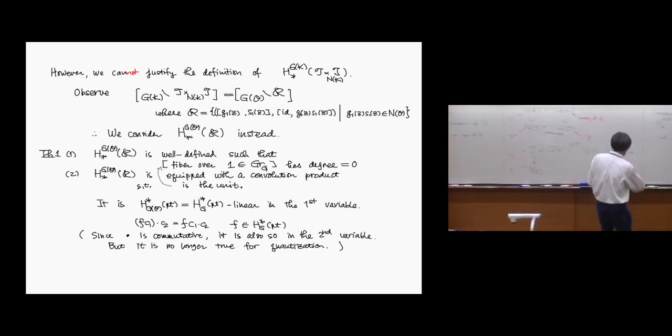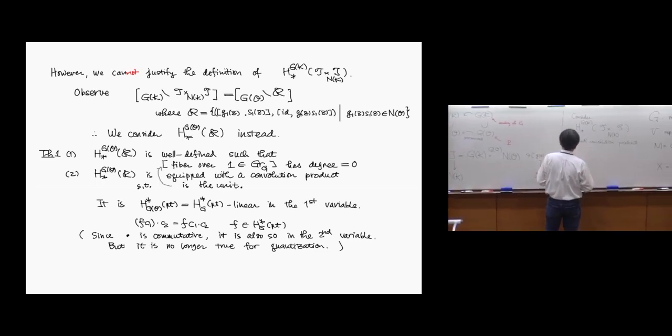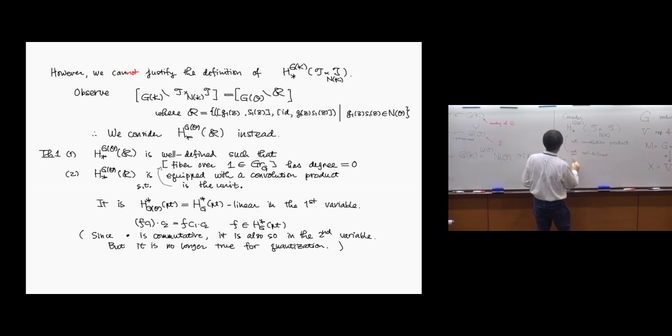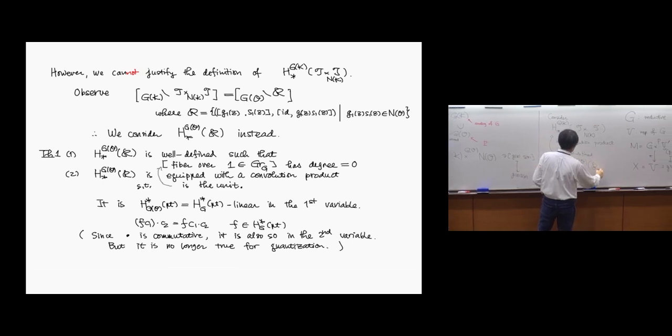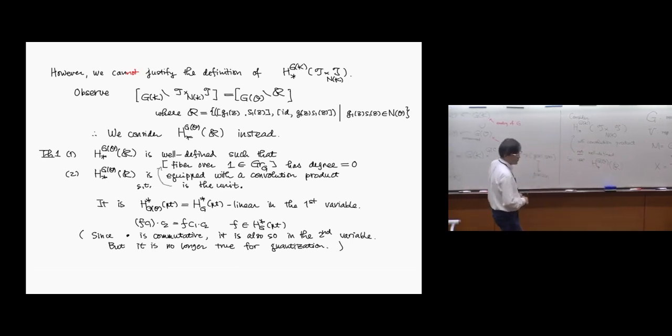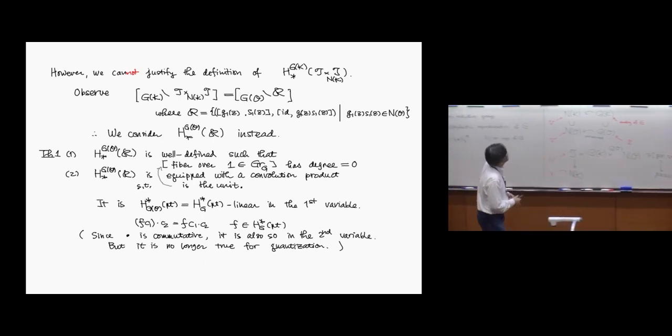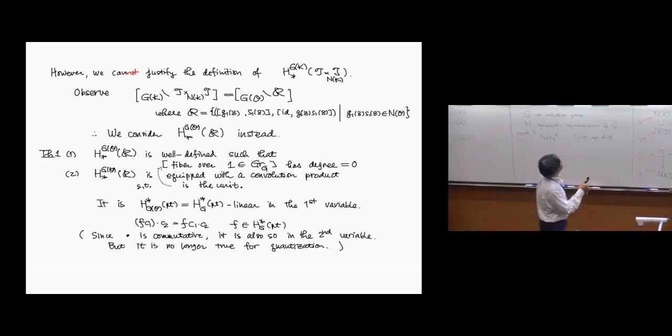So this is a little bit of a technical point. So use H star of O of R. So R is the fiber product, but we normalize, as I wrote here, the second component to be identity.